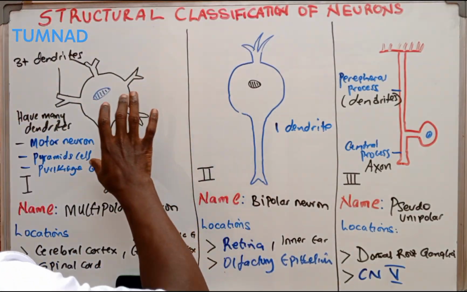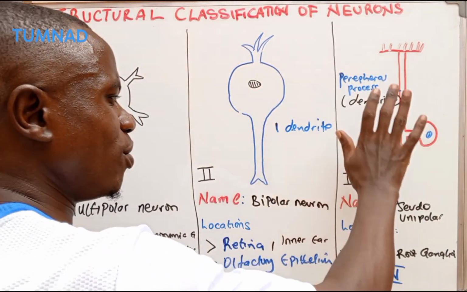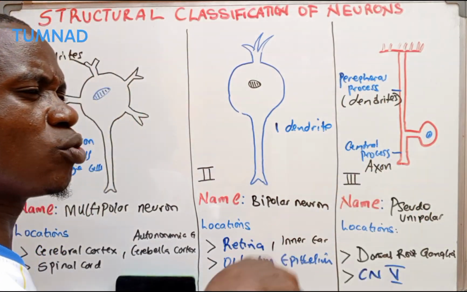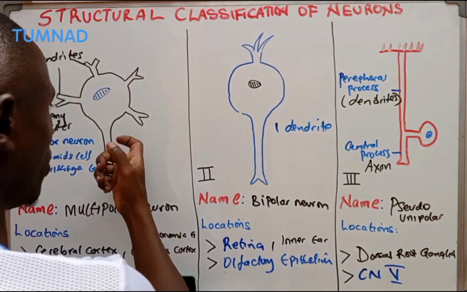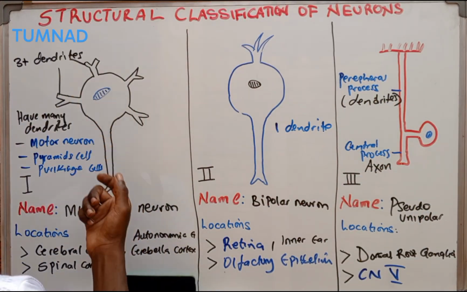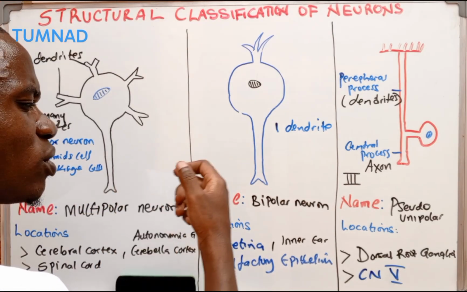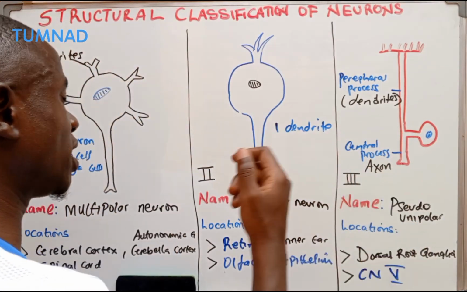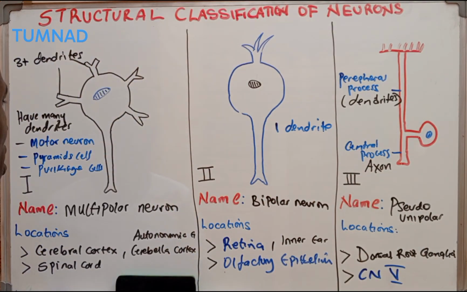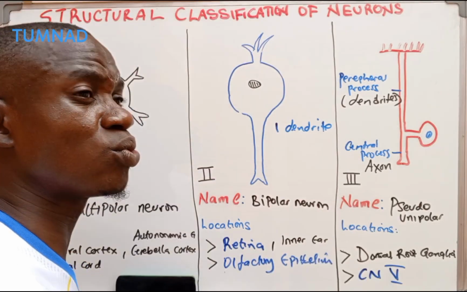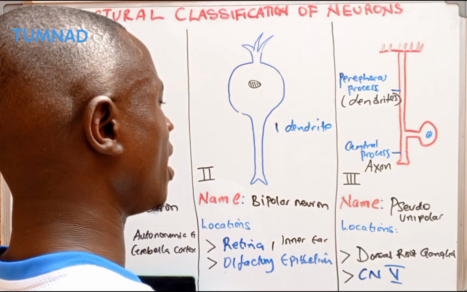Now, among all these kinds of neurons, which one of them is going to be most common? It's going to be this guy here, the multipolar neuron. It constitutes the majority of the neurons in the central nervous system, and even in the nervous system as a whole.